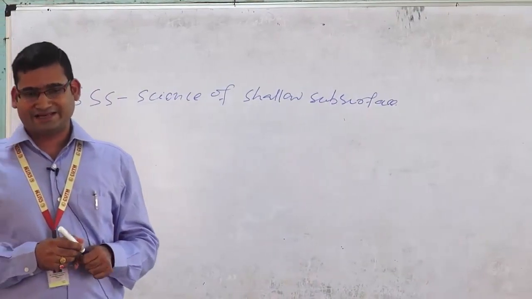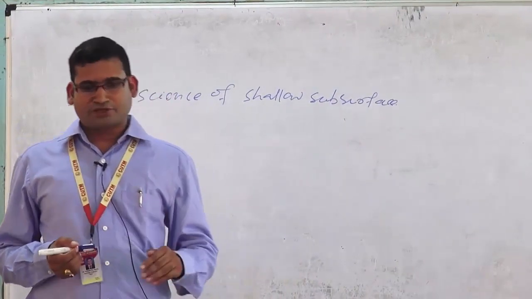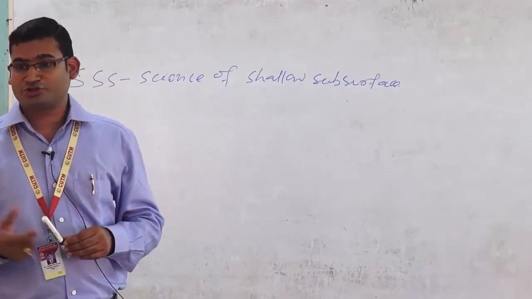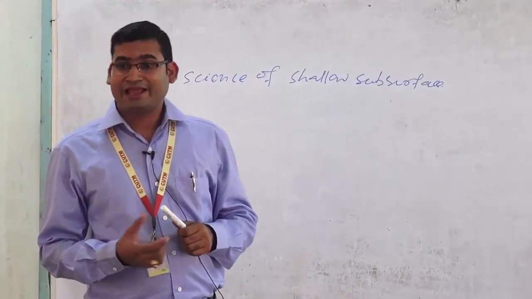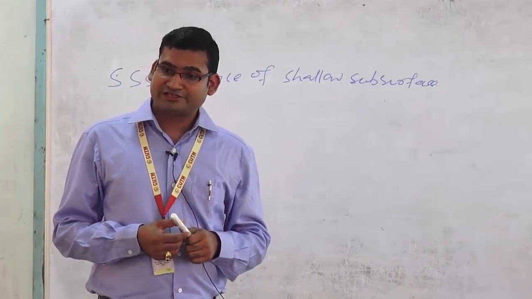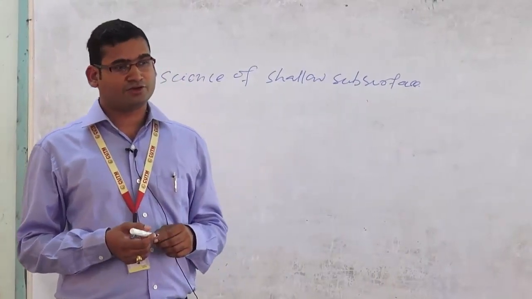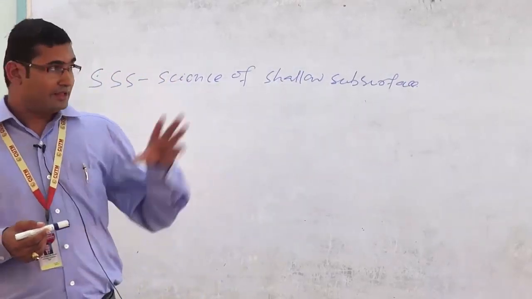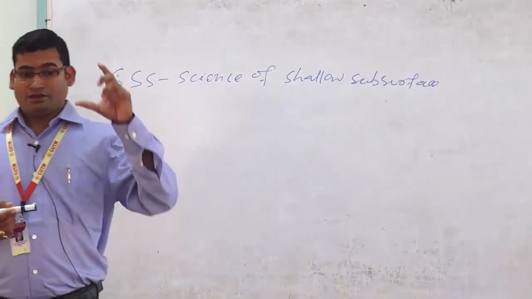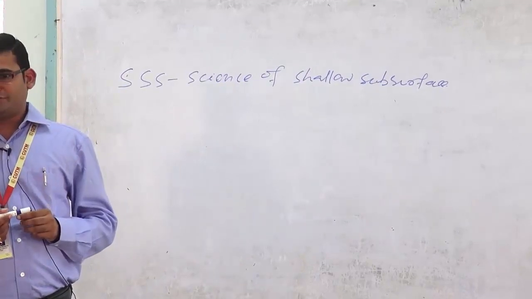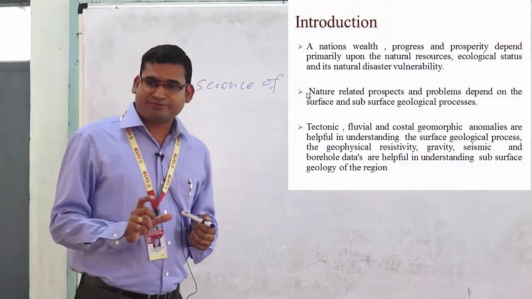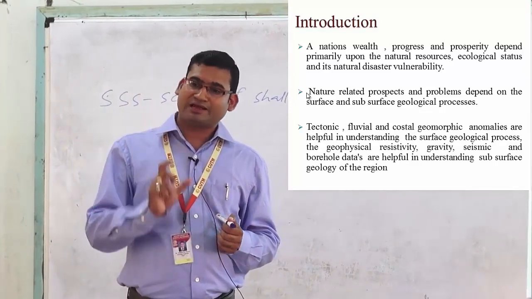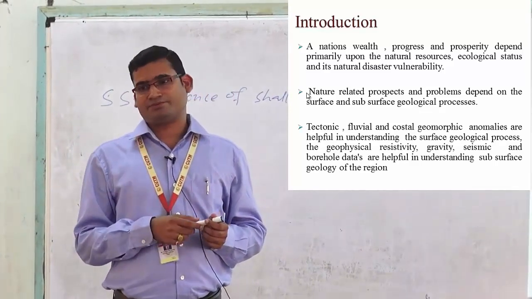The science of shallow subsurface indicates that below the surface up to 100-meter depth, whatever structure is there will be identified, and such a study is known as the science of shallow subsurface studies. Then another one, deep subsurface studies up to 5-kilometer depth, whatever layers or structures are present, you can identify from those deep subsurface studies.